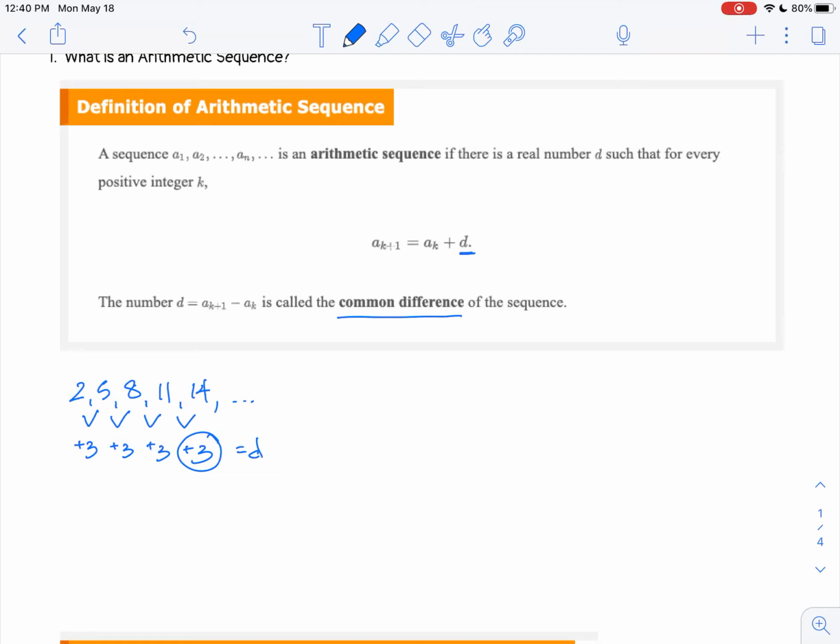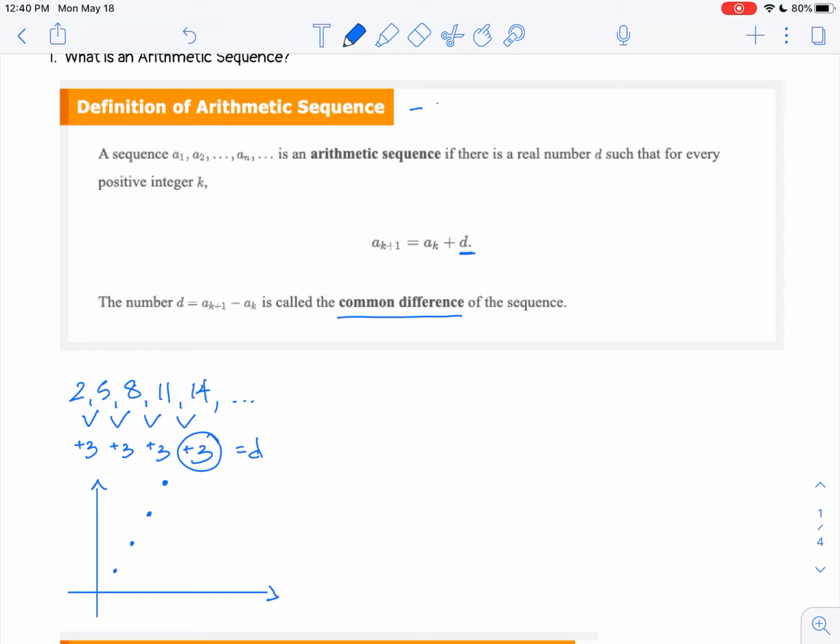Now, if I were to plot this and think about plotting points, okay, not a line, but points, I would know that a sub 1 is 2, and a sub 2 is 5, and a sub 3 is 8, and a sub 4 is 11. And so what I end up getting is a linear function, okay?